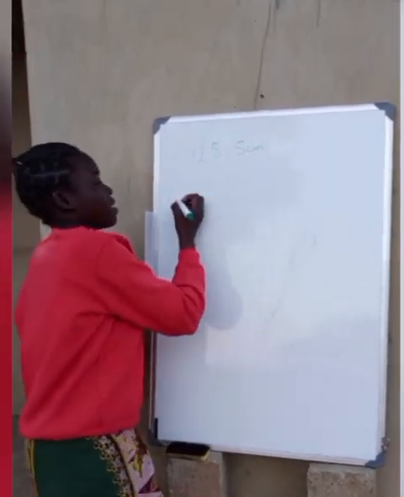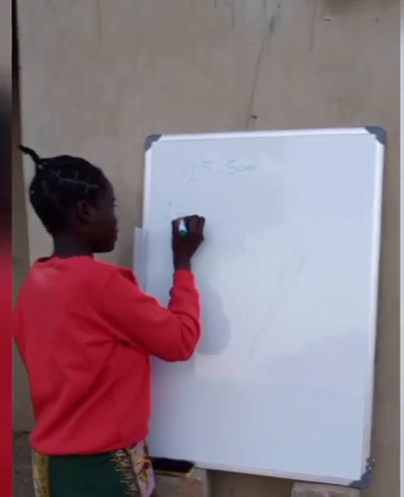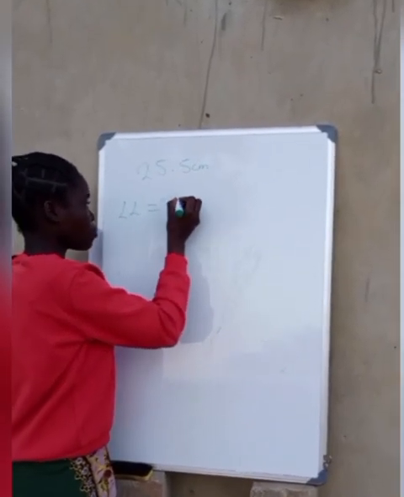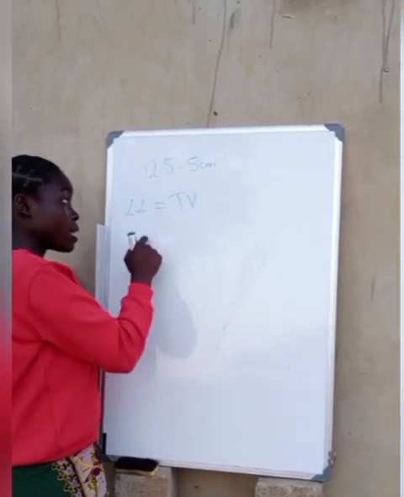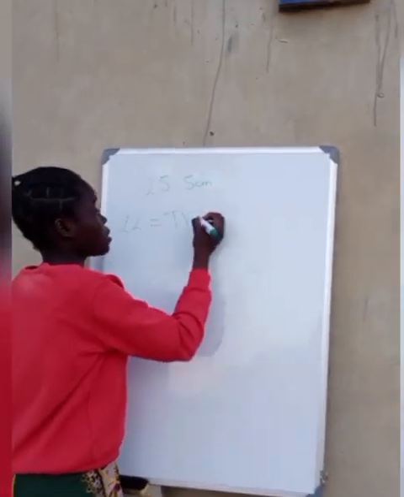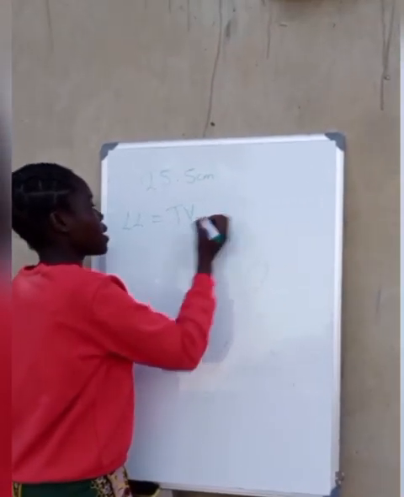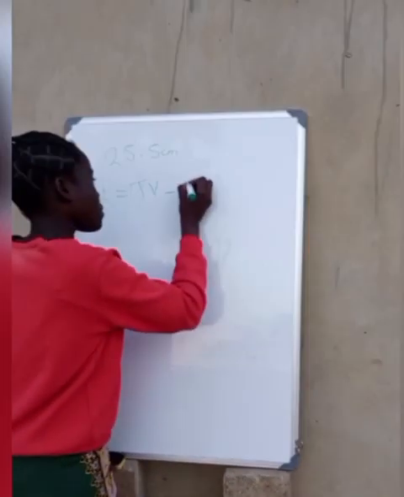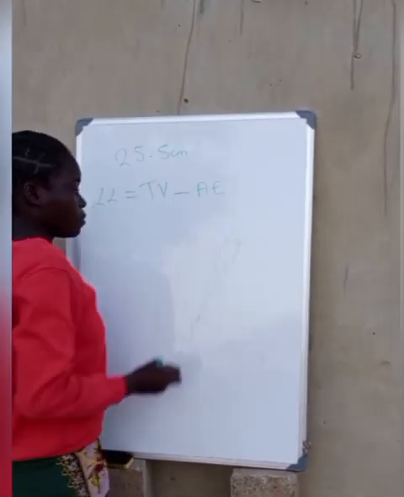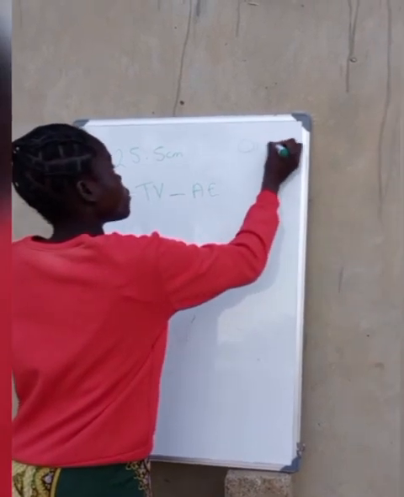So the lower limit is equal to the true value. For the lower limit we always subtract, since it's less than. So we say minus the absolute error. The absolute error we got was 0.05.